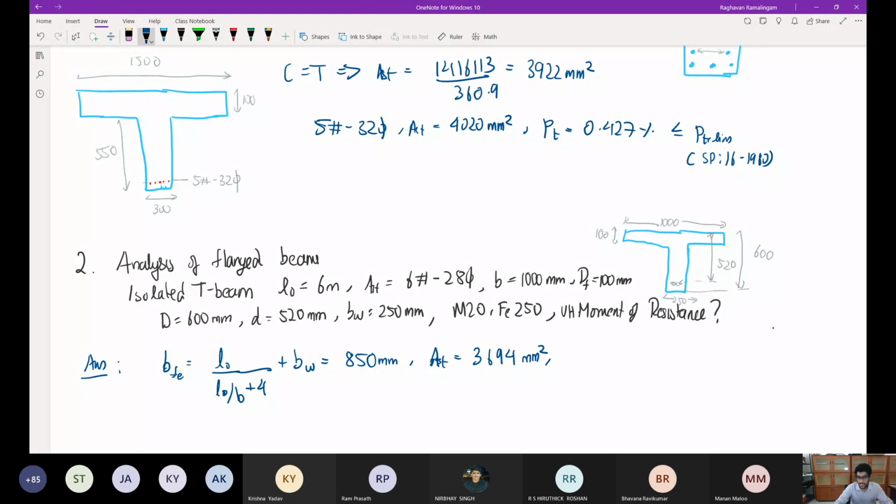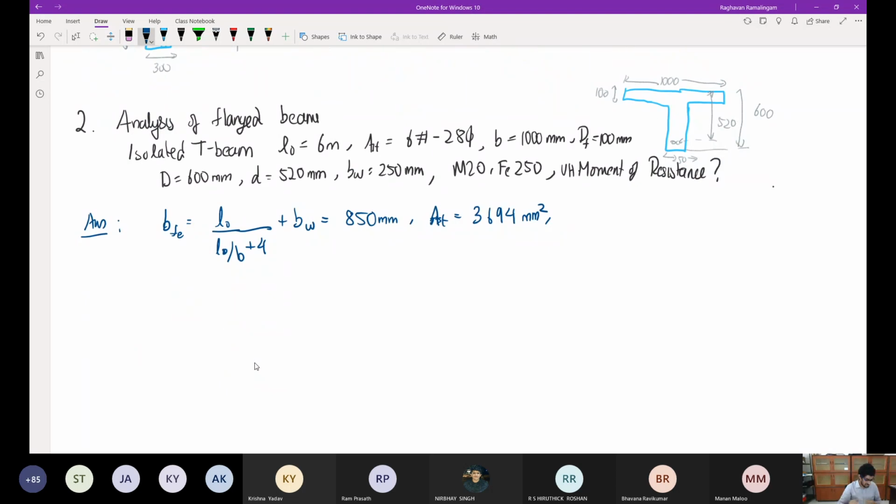First thing we're going to see is our Xu max, which equals something times d. Here, however, it's mild steel, not even HYSD steel. So does anyone know what the number will be for Fe250? How much is it for Fe415 and Fe500?